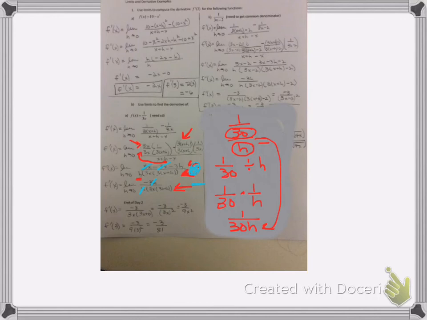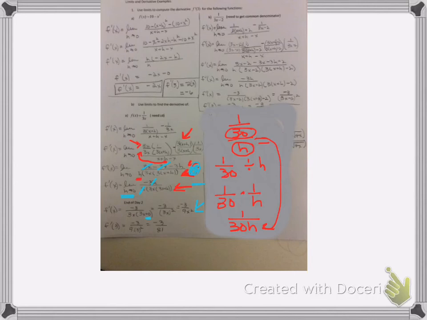At this point, I am ready to plug in my h of 0. I do it right here, and therefore I don't need to have this limit notation because I'm actually taking the limit. Once I plug in the 0, I basically have 3x times 3x, which is 9x squared, and my f prime of x, therefore, is negative 3 over 9x squared.